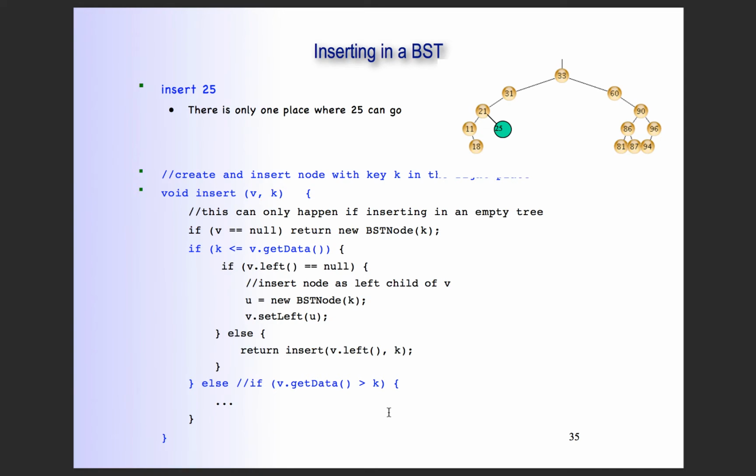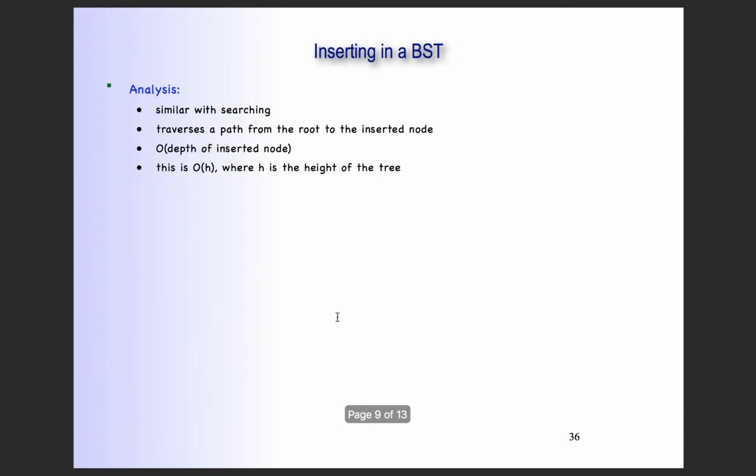So this is the same thing: you find the appropriate position first, and after finding it, you insert the data. When you find that there is no need to traverse further, then you can insert the data. So this is how you can insert data. Similar to the searching that we have seen, you traverse a path from the root to the inserted node.